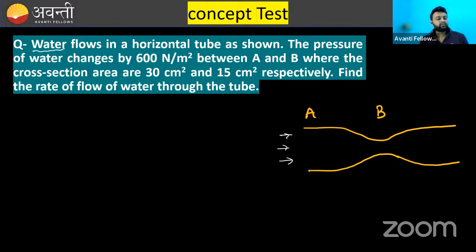Find the rate of flow of water through the tube. So you need to calculate the rate of flow of water. You have 1 minute of time. Try solving it. Be quick.